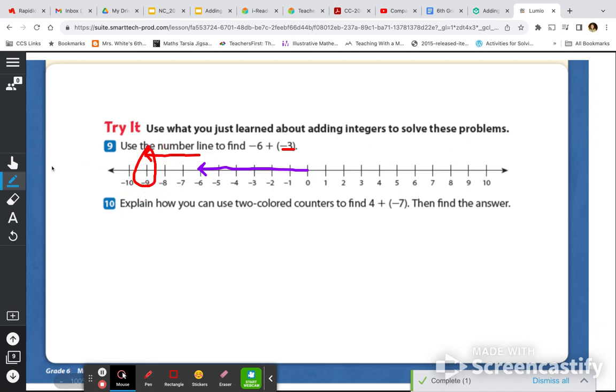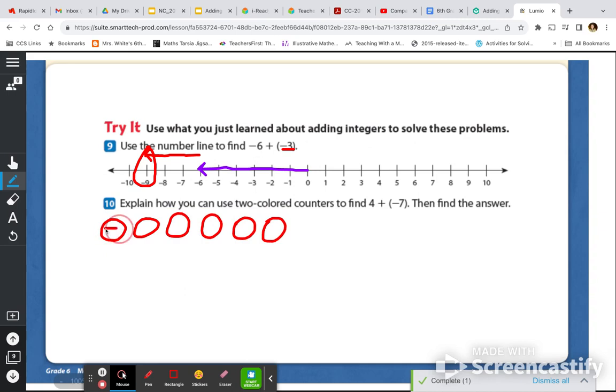Okay. Down here at the bottom, I'm actually going to draw a picture to see if we agree with that. So I'm going to start actually with -6. So I'm going to draw 6 circles. 1, 2, 3, 4, 5, 6, and those are negative. Okay, -6.